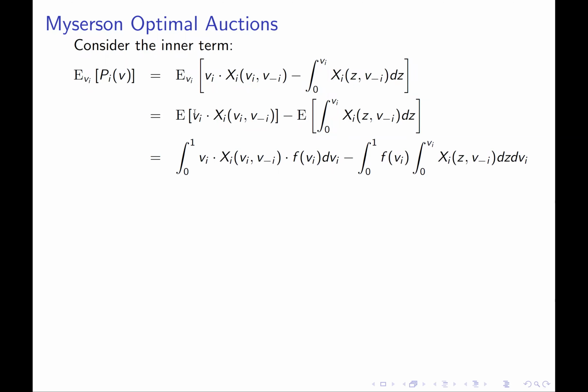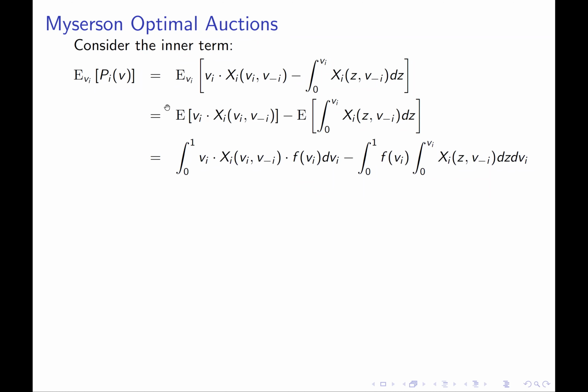So the expectation of this expression, vi times xi of vi, is now just the integral over all possible values of vi, which range between 0 and 1, of vi times xi of vi. And now each of the terms in the integral is multiplied by the probability density at vi. Informally, the probability of seeing a particular value vi. Really, it's probability density.